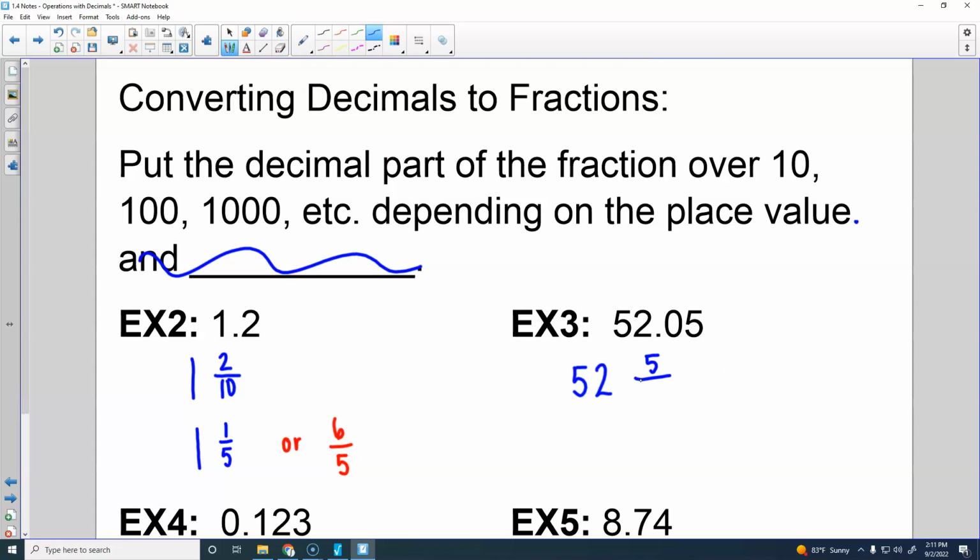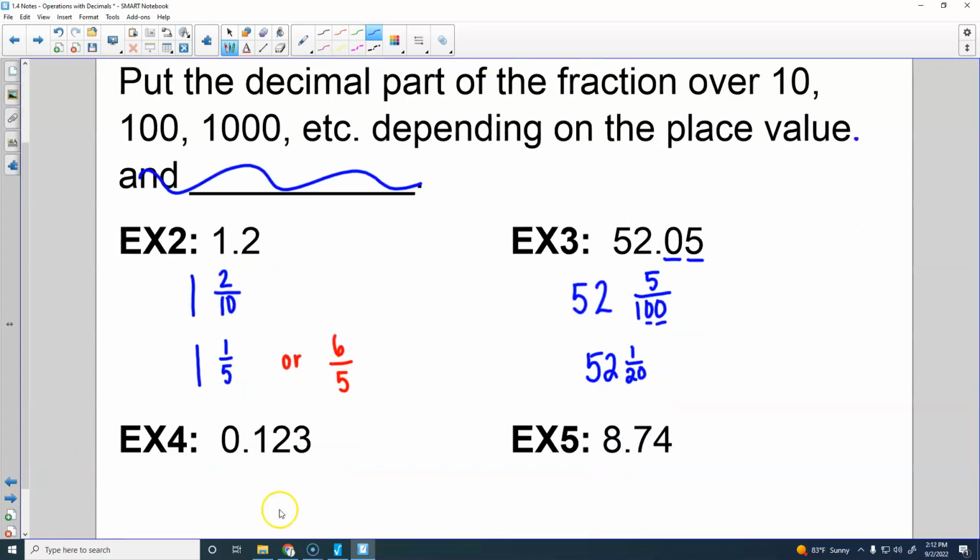What do I write it over? 100. Good. Because we got 2 places, so we'll have 2 zeros here. And what does that reduce to? 1 over 20. Yes. So I got 52 and 1/20. If you need to, for some reason, have an improper fraction there, you can turn it into that, but we're just going to stick here.